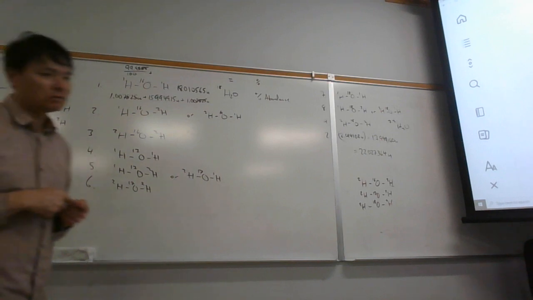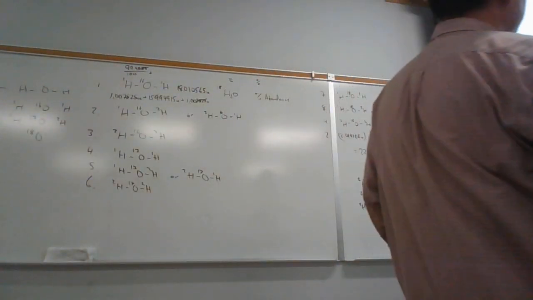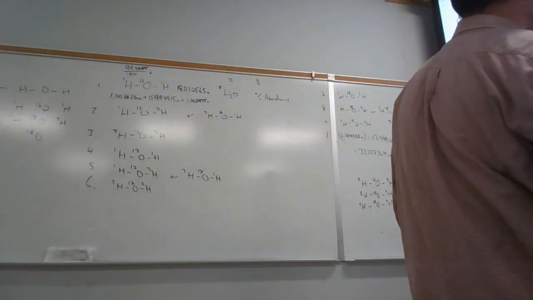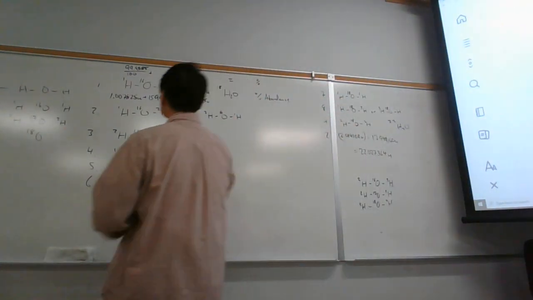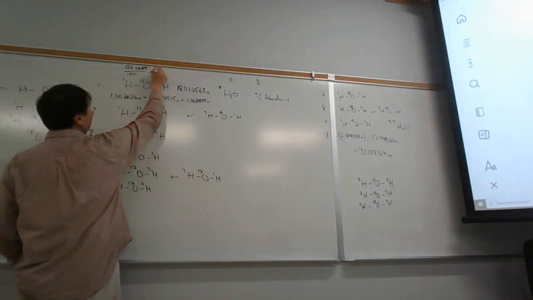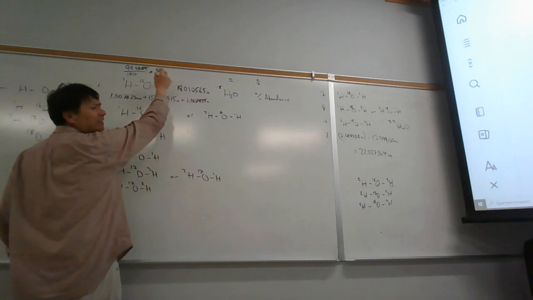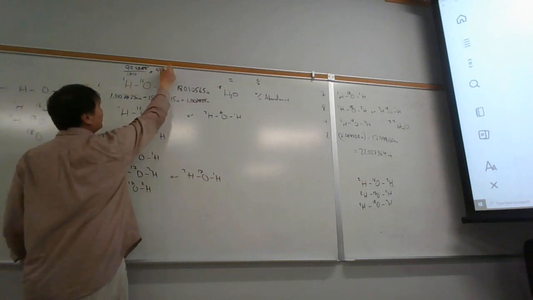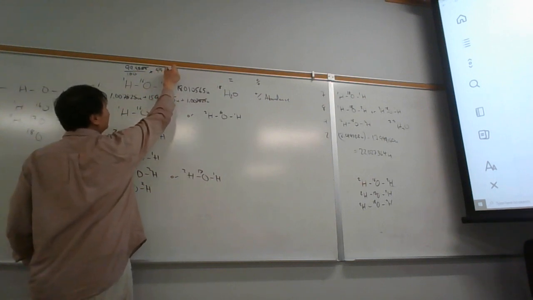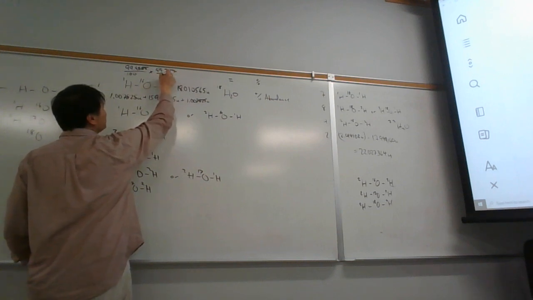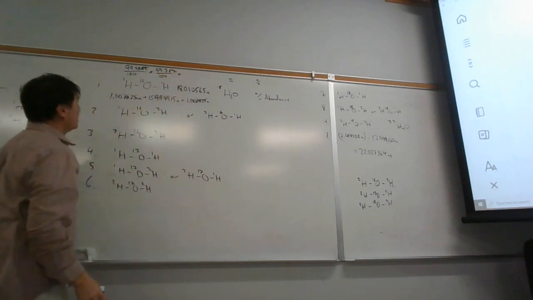And then what is oxygen? Oxygen is 99.757. So rather than adding it, I'm going to multiply it. 99.757 out of 100 will be oxygen 16 times.